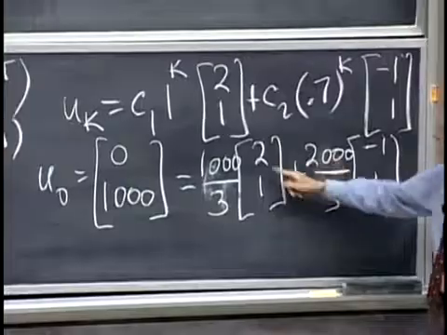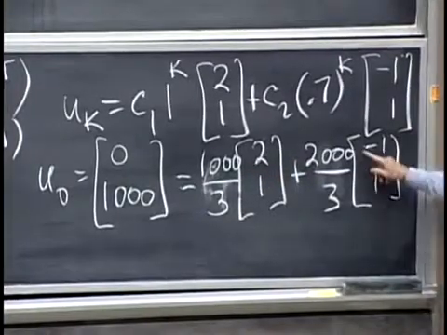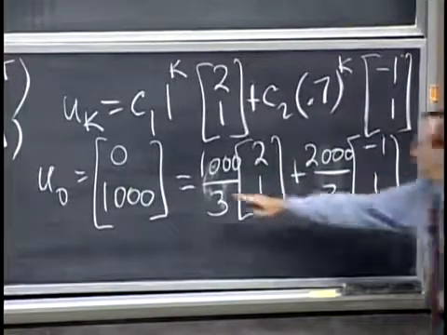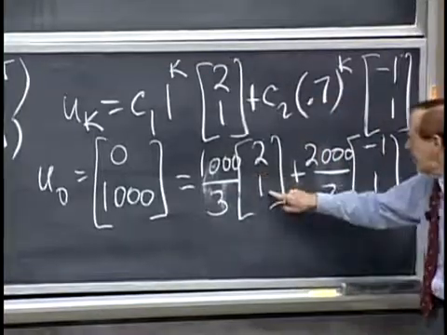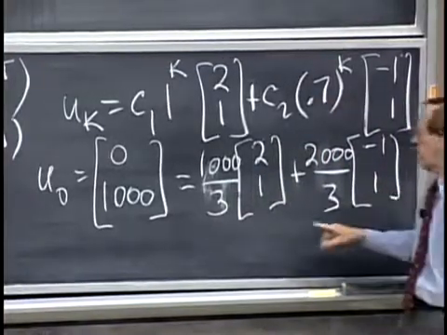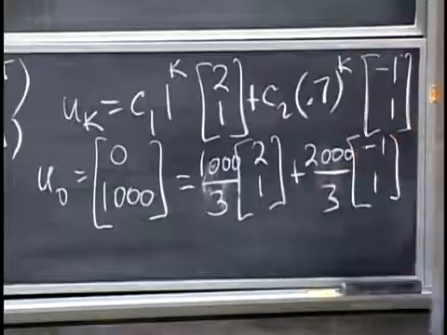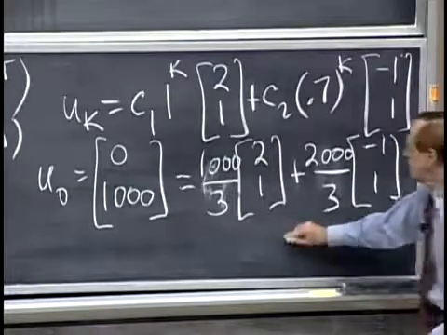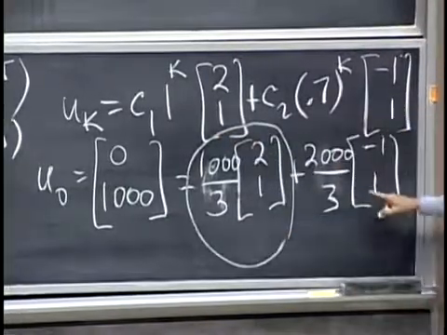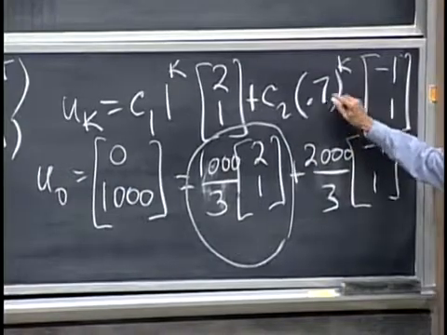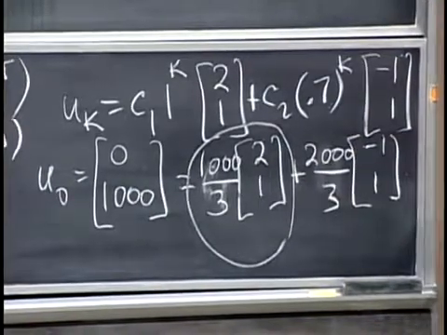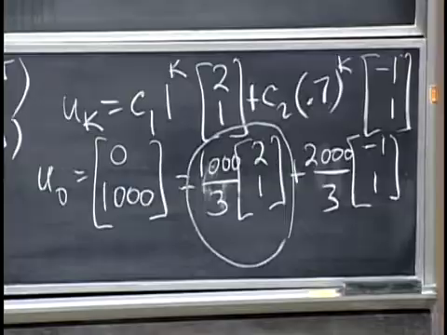I think that has to work: 2 times 1,000 over 3 minus 2,000 over 3 will give us the 0. And the 1,000 over 3 and the 2,000 over 3 will give us 3,000 over 3, the 1,000. So this is what we approach. This part with the 0.7 to the kth power is the part that's disappearing.